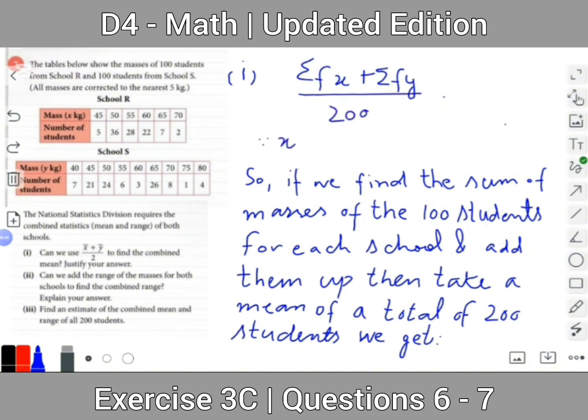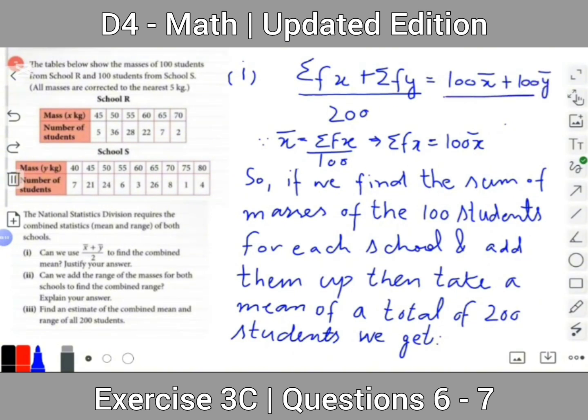since x bar is equals to summation of x divided by 100, and it will give us summation of x equals to 100 x bar. So here we can put the values just like 100 x bar. Similarly for summation fy we have 100 y bar divided by 200.